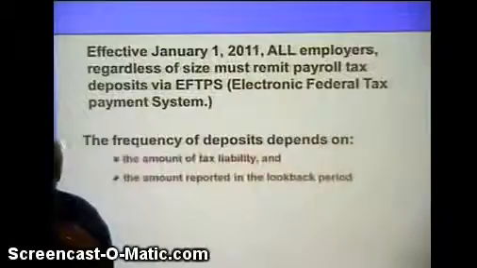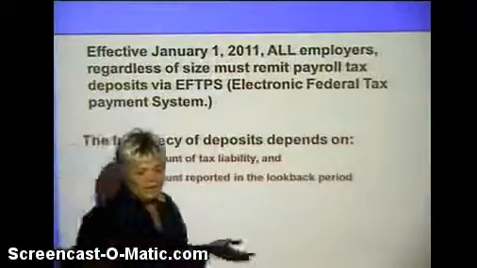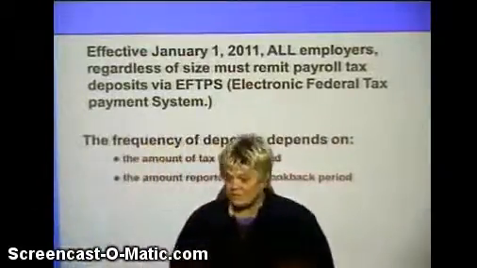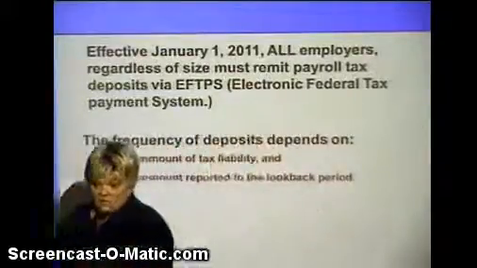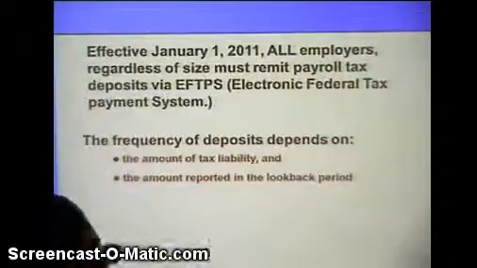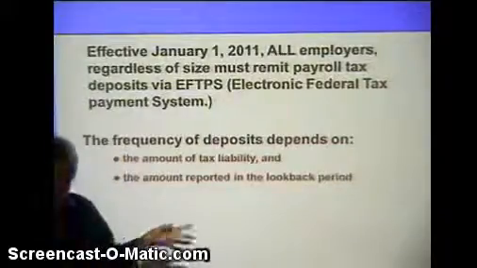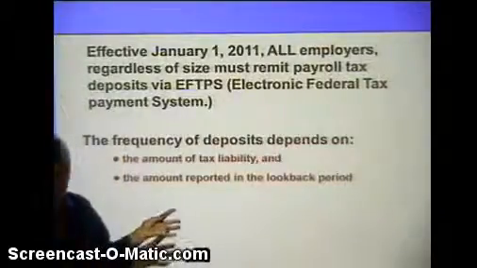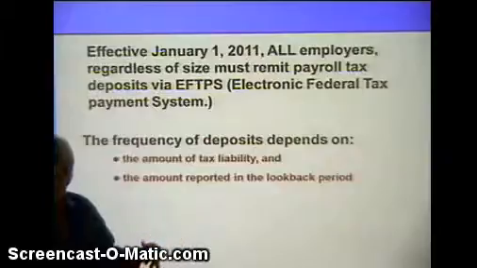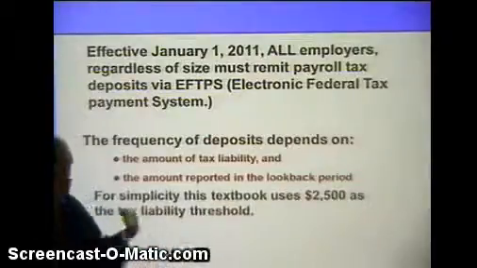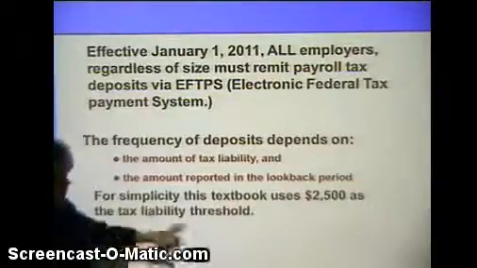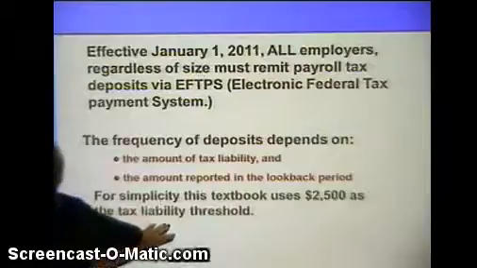So, now, how often we have to send in those payments depends on several things. The amount of the tax liability, and the amount reported in the look-back period, which is a period of time we look back to see how much we owed in prior periods. In this textbook, we're just going to use $2,500 as our tax liability threshold.